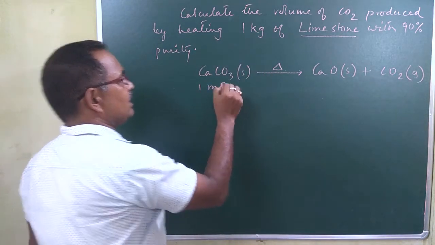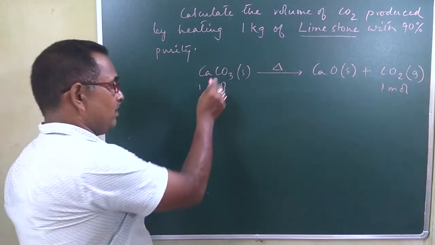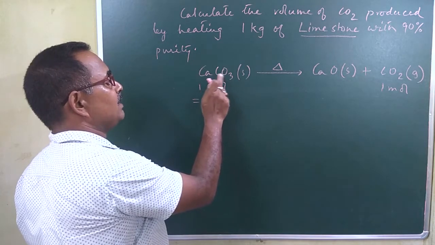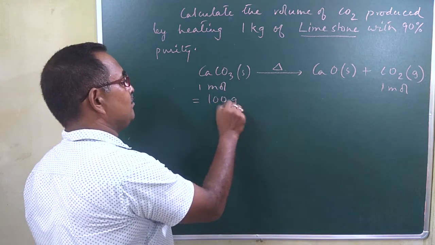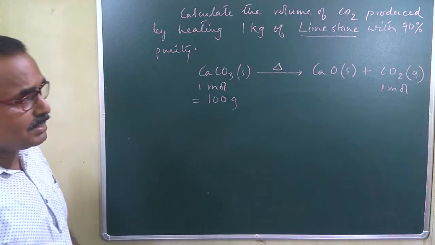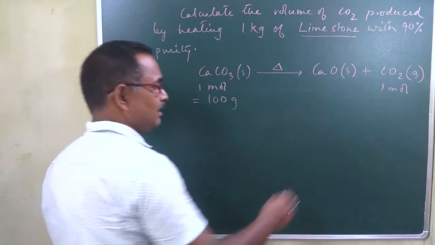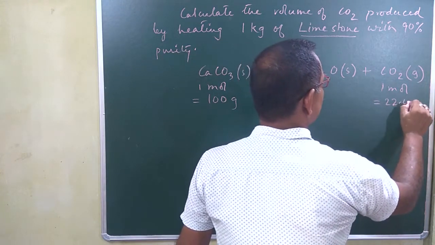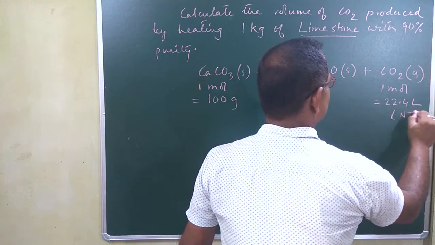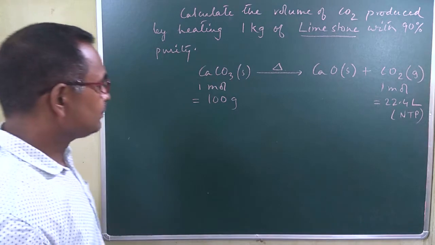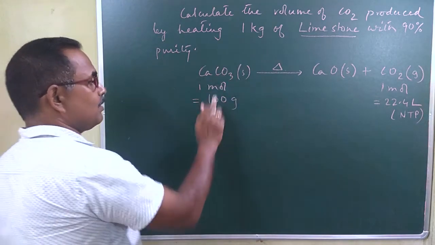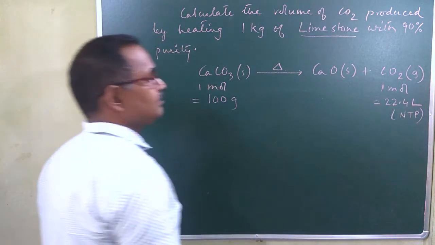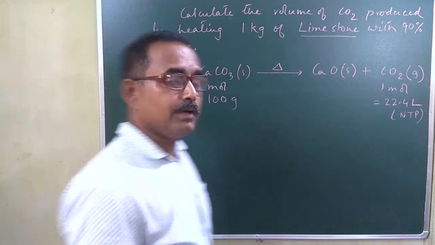So write 1 mole here, 1 mole here. 1 mole calcium carbonate means its molar mass, 40 plus 12 plus 48, okay, 100 gram. 1 mole carbon dioxide means 22.4 liter at NTP. Okay. So 100 gram limestone calcium carbonate produces 22.4 liter of CO2 gas according to the equation.